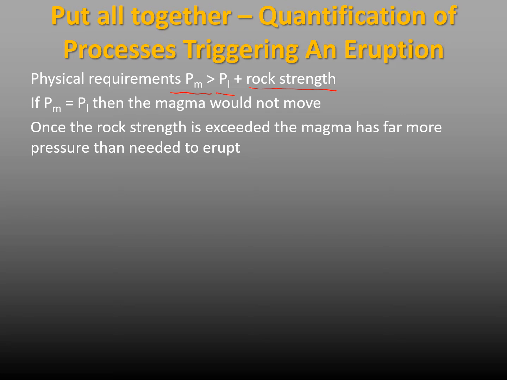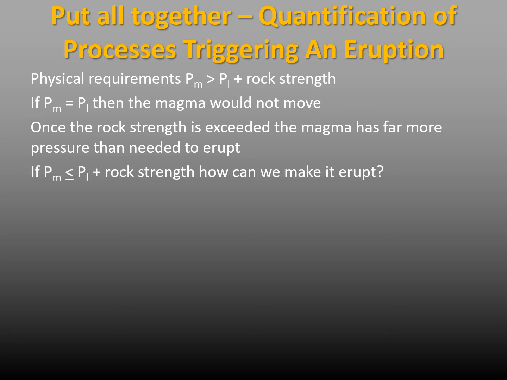So down below, we've got some magma. It's got magma pressure. Depending on the depth, it's going to be crushed by lithostatic pressure. And that rock sitting above the magma body's got some strength to it. The stronger the rock, the harder it is to erupt it, isn't it? You need more magma pressure to break a strong rock than a weak rock.